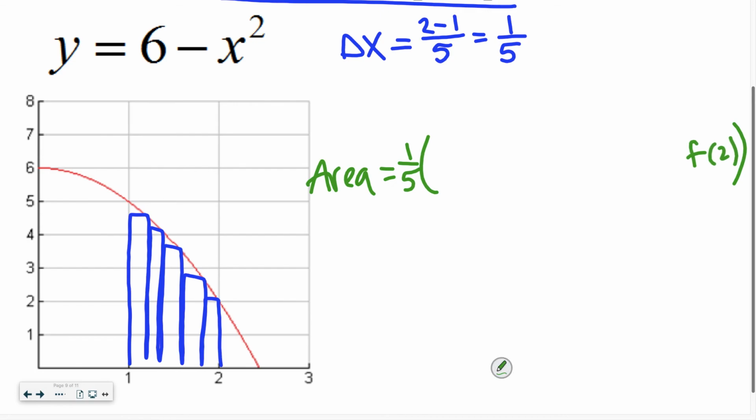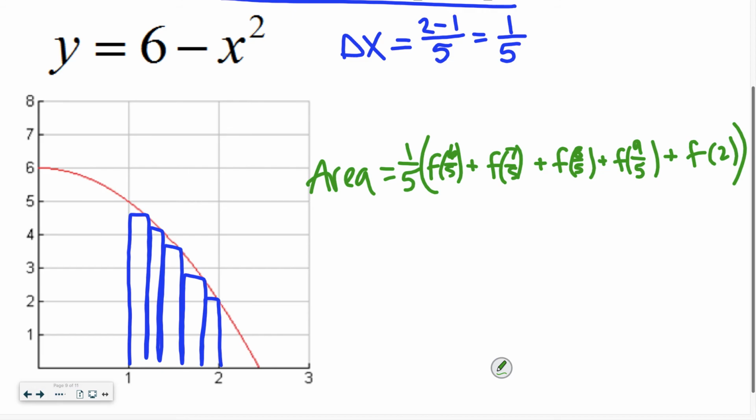Our next height would come from which x value? Our delta x is 1/5, so 9/5. And then our next rectangle has a height of f of 8/5, and then we'll jump over to 7/5, and then we'll jump over to 6/5. And we have 5 rectangles. I have my 5 heights, so we're good.